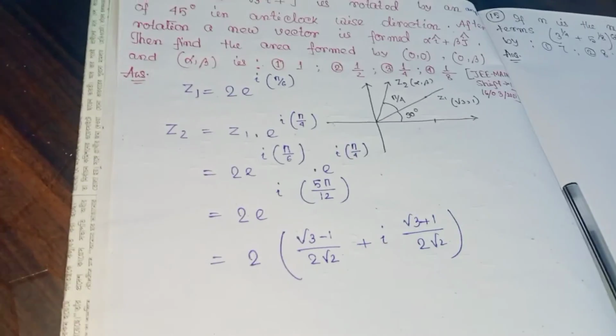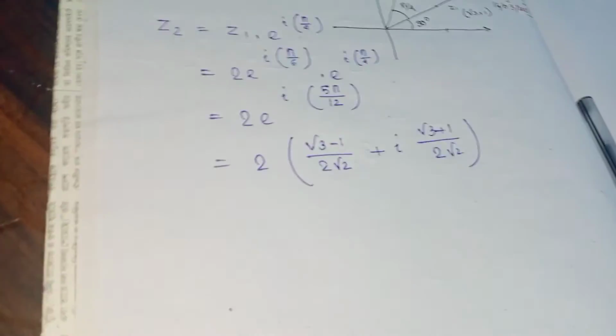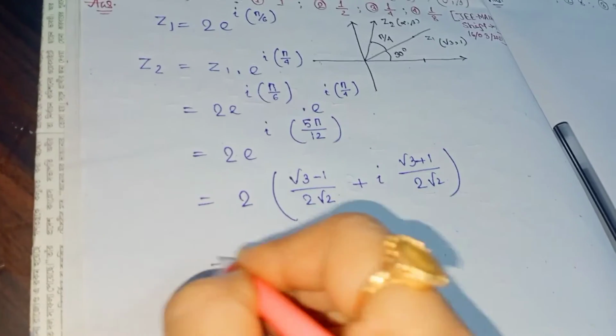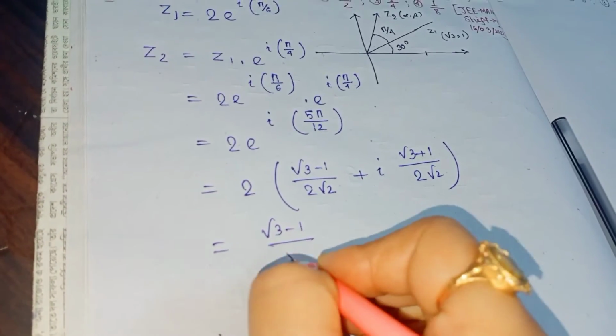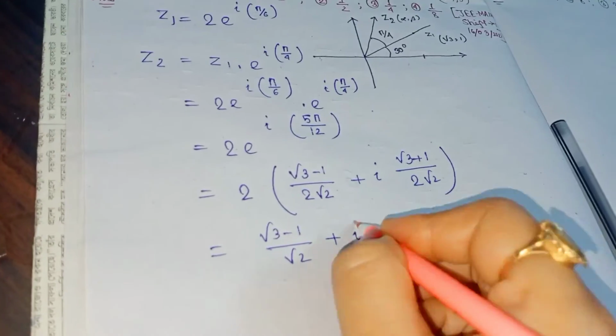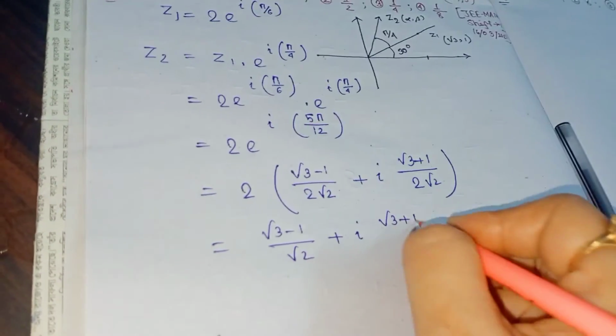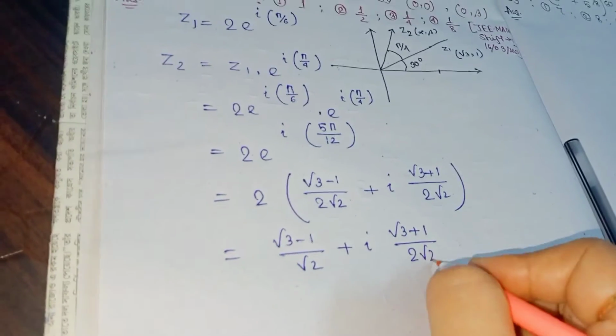With one more simplification, we get root 3 minus 1 by root 2 plus i root 3 plus 1 by 2 root 2.